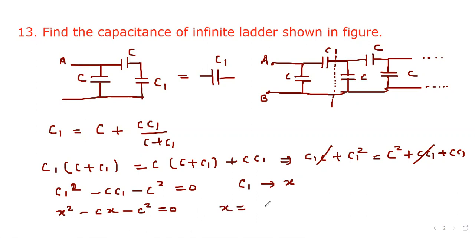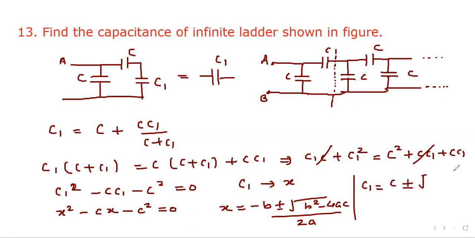So x equal to, if we remember, minus b plus minus root of b square minus 4ac divided by 2a. That is quadratic formula. So C1 equal to minus b, so it will become c plus minus root of b square, that is c square, minus 4ac. 4 times a is 1 and c is minus c square. So it will go plus 4c square divided by twice of 1.